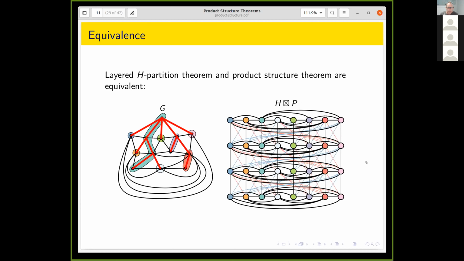Okay. So the claim now is that this graph on the left is a subgraph of this graph on the right. That's the product structure theorem, right? H is a graph of tree width at most 8. P is a path. So where is this graph on the left hiding inside this graph on the right? Well, we can actually read that off from this partition here.